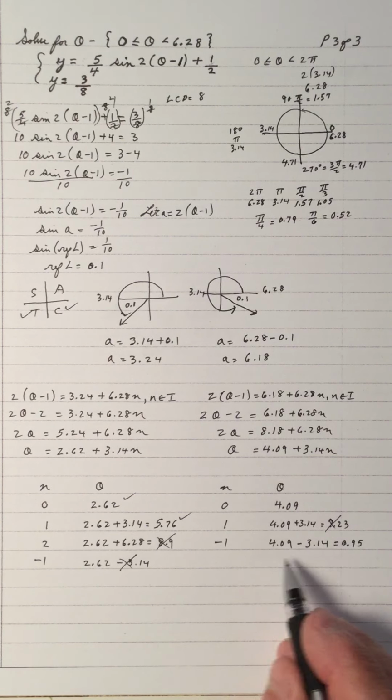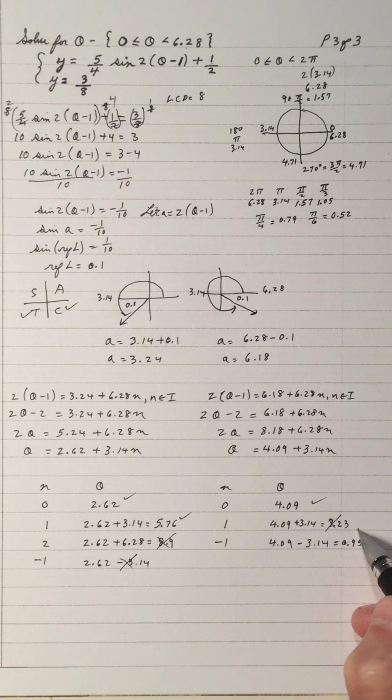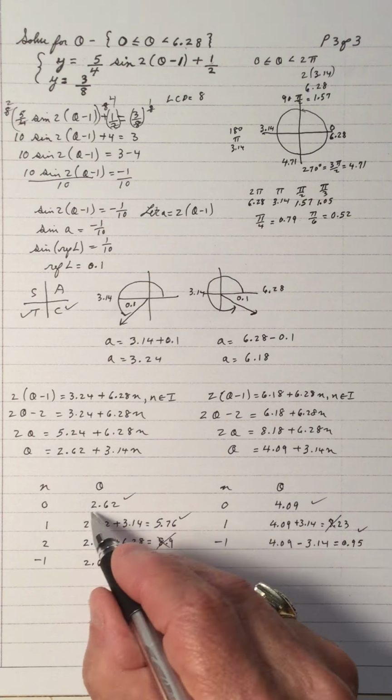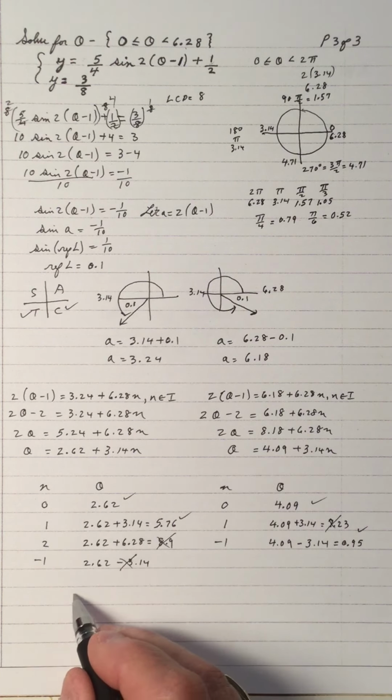And a negative 2 would be too far down, so we have this one, 4.09, 0.95, 2.62, and 5.76.